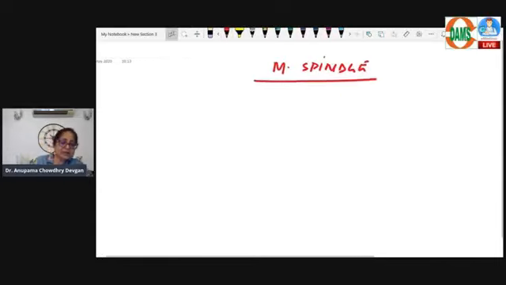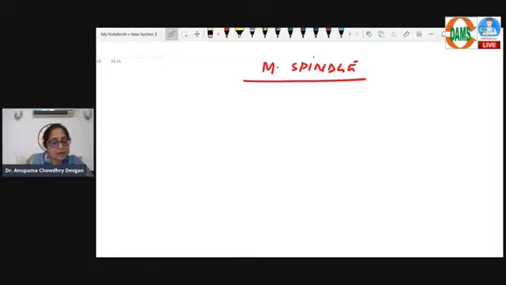Now, as far as the muscle spindle is concerned, this is a receptor for muscle length, right?